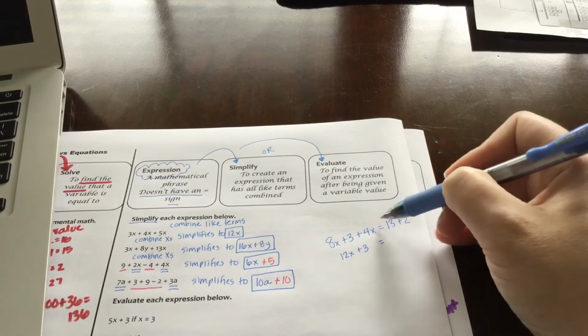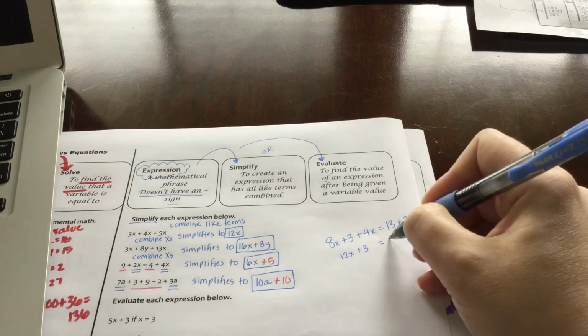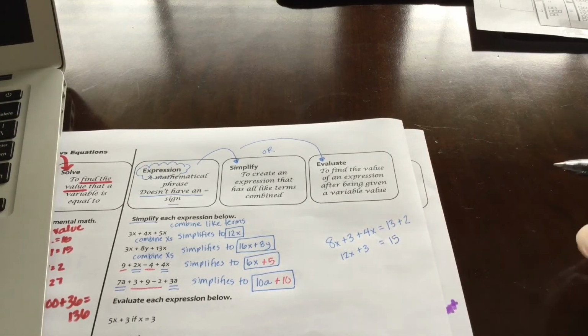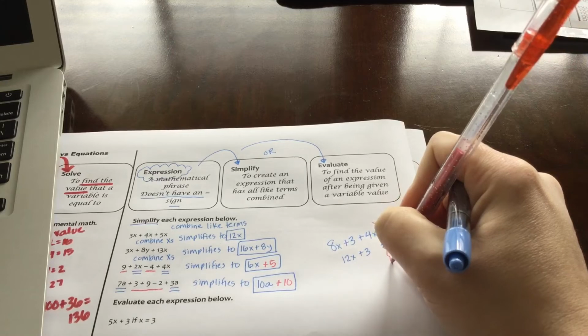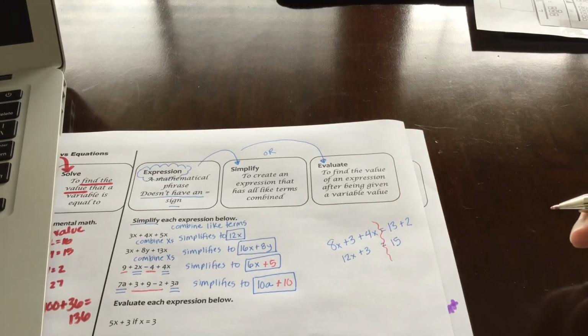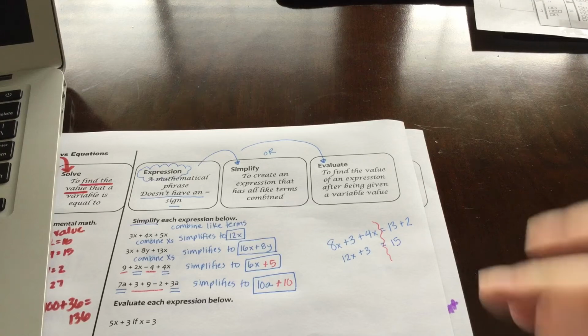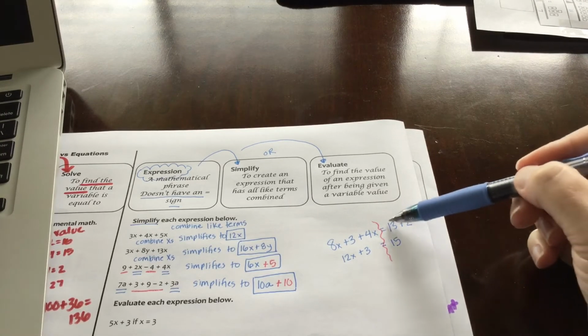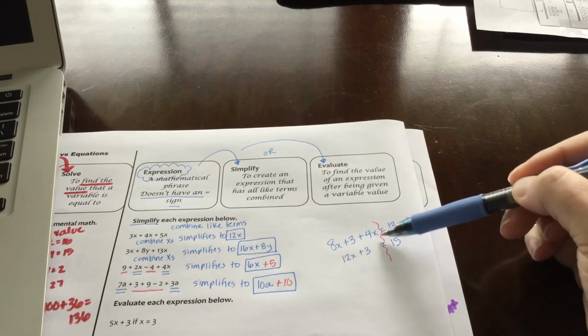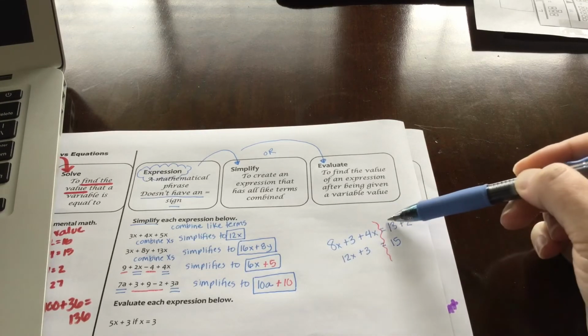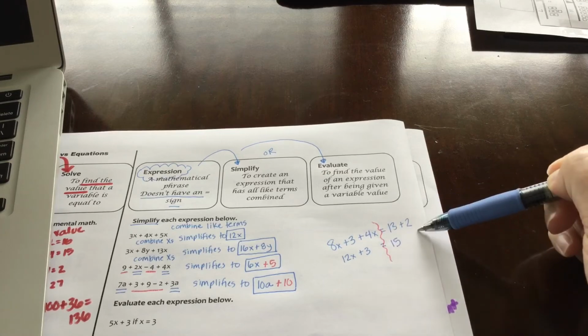For example, 13 constants plus 2 constants equals 15 constants. So I just simplified everything on the left side of the equal sign by combining like terms, and everything on the right-hand side by combining like terms, because technically an equation shows equality, but it's built of one expression on the left and another expression on the right.